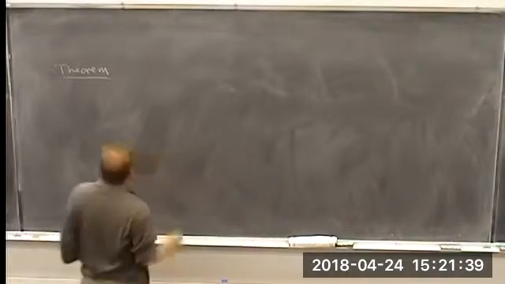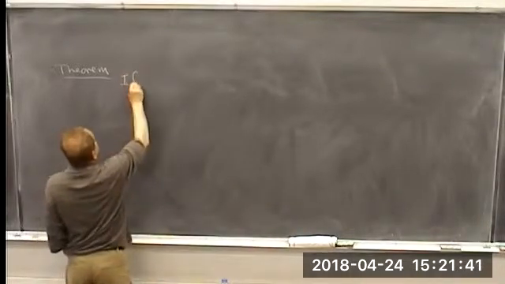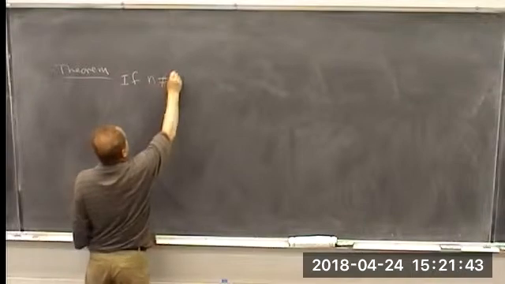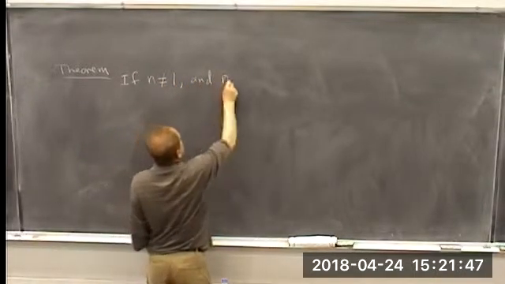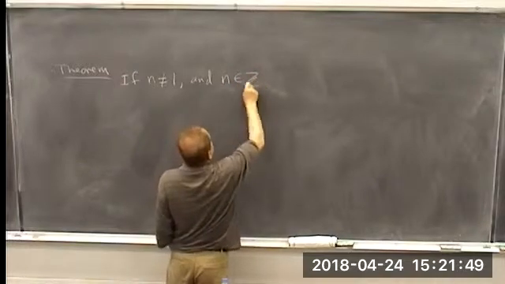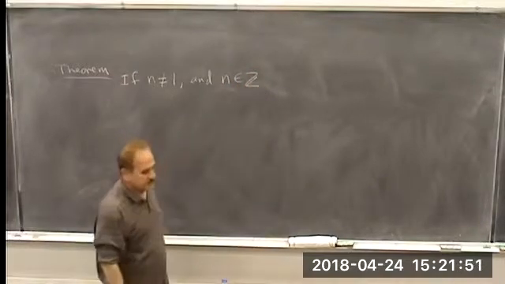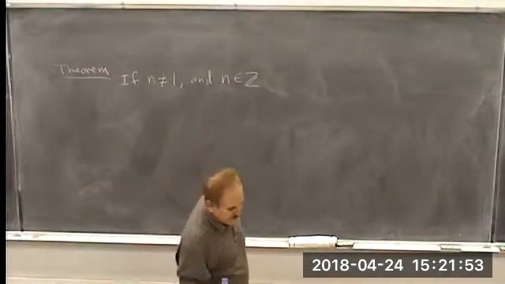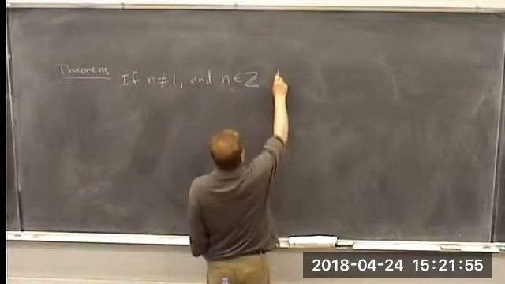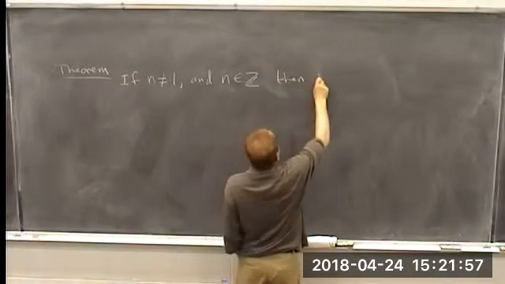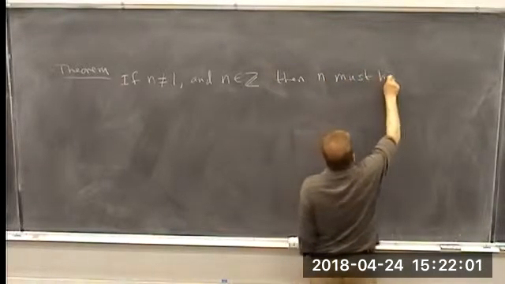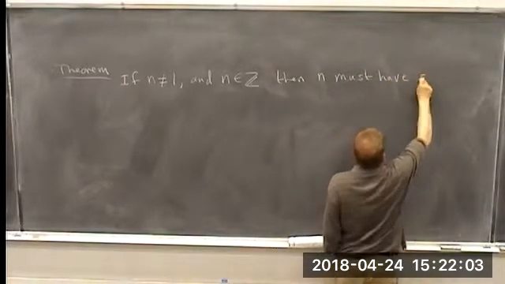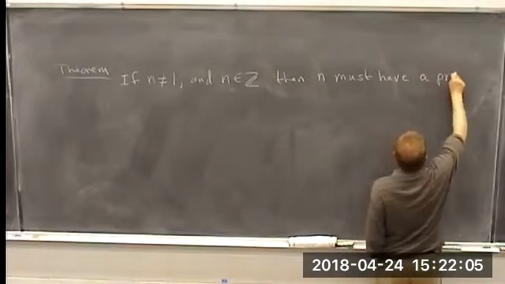If n does not equal 1, and n is an integer, all right, then n must have a prime factor.